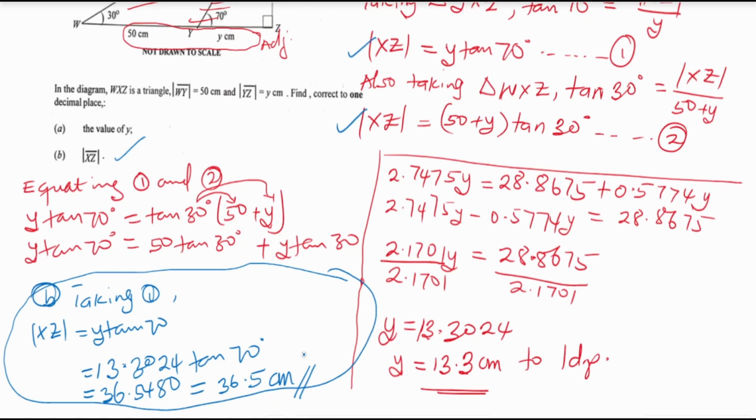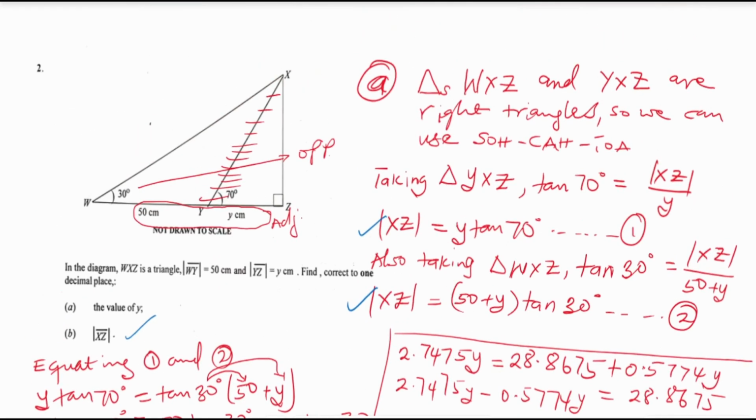And it is very necessary for us to check our answers to see if they are correct. And we'll be putting both answers into the tan ratio. So for example, when we take the first part, tan 70 equals XZ over y, we found 36.5 over 13.3, right?